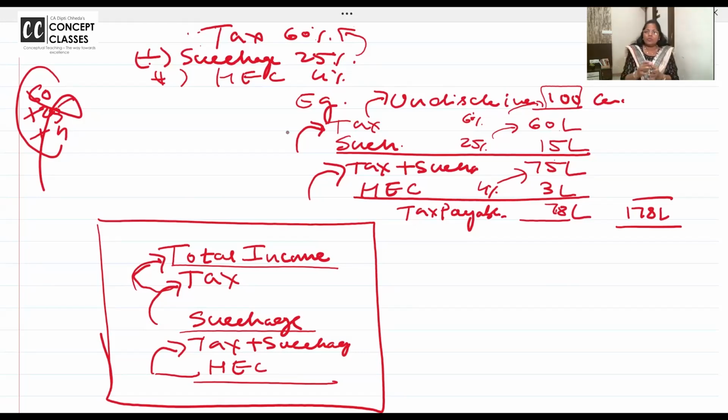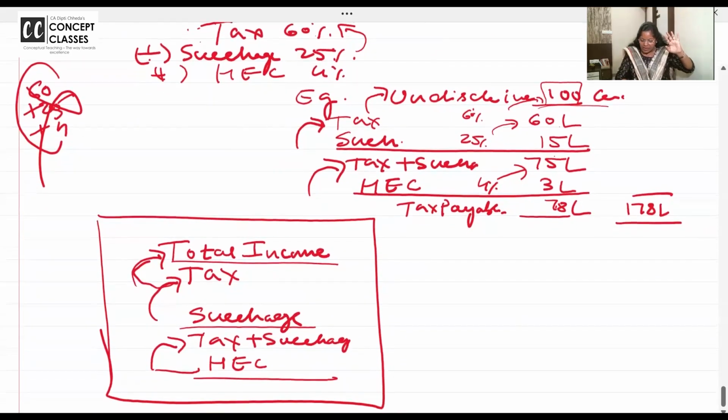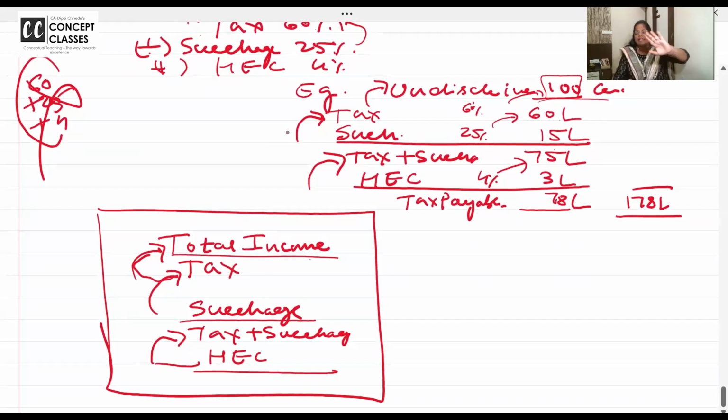But for all those who make silly mistakes, your income is different. That's why everywhere, have you observed, I write the income and I put a line. Income is separate. Tax plus surcharge and health cess are the three different ways you are paying tax. So if you do 178 lakhs, it's wrong. Your tax is 78 lakhs.